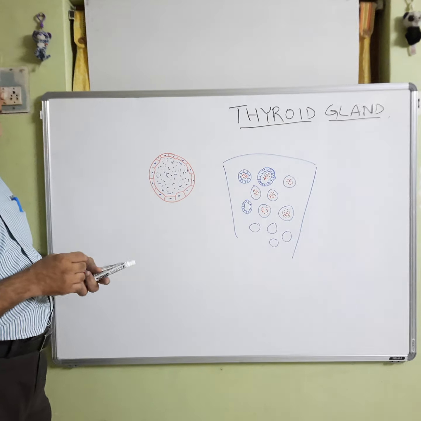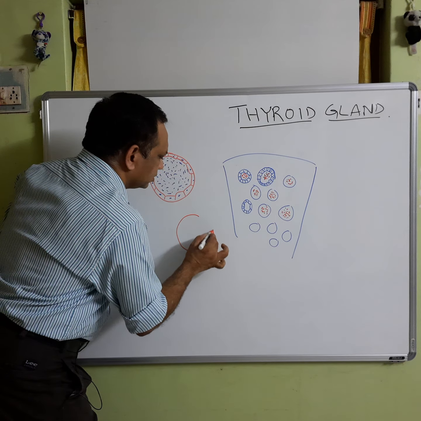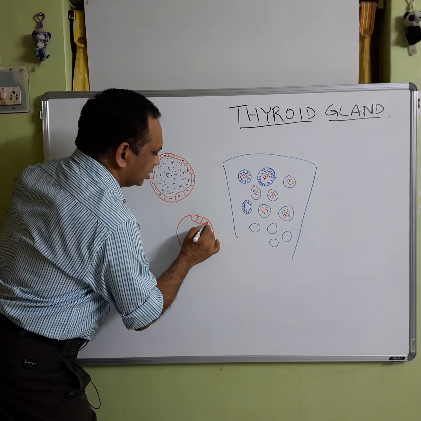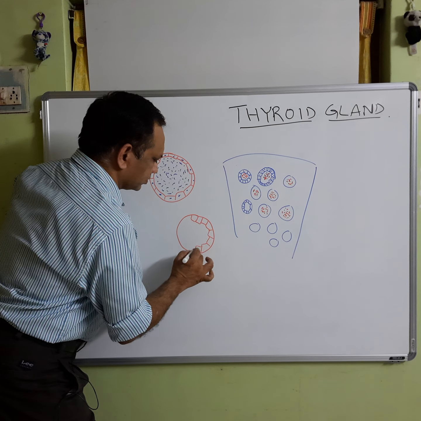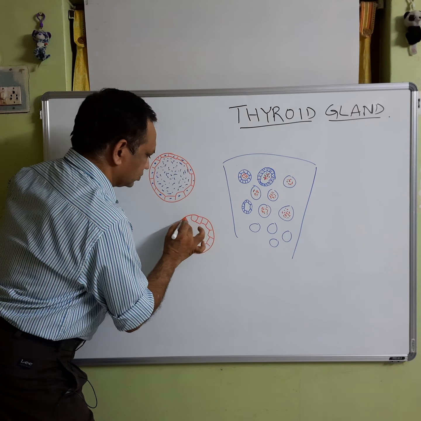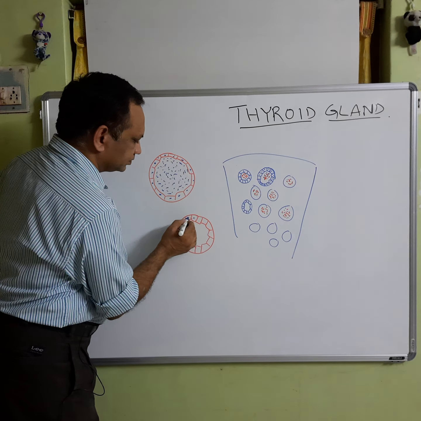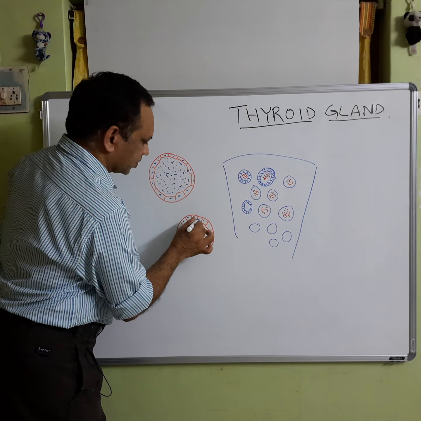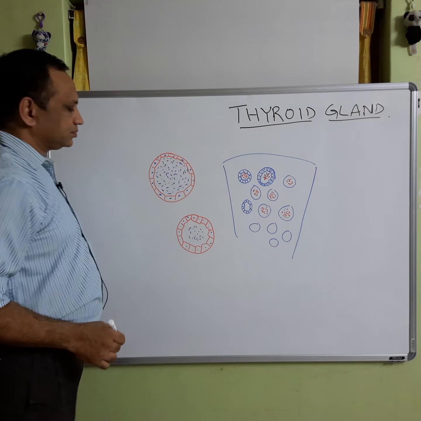A moderately active follicle presents a different scenario. The cells are cuboidal to low columnar, with the central nuclei again, and a moderate quantity of colloid.